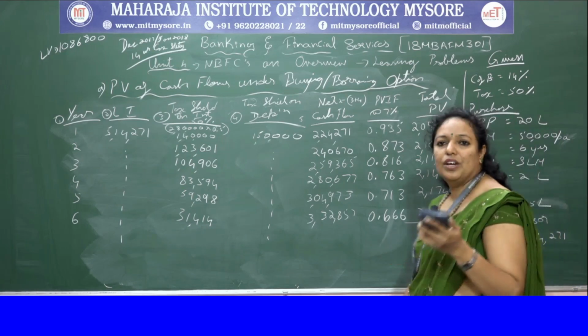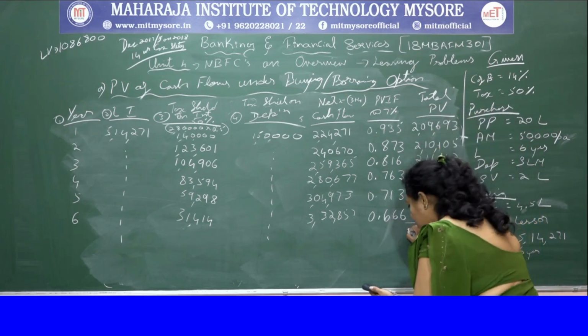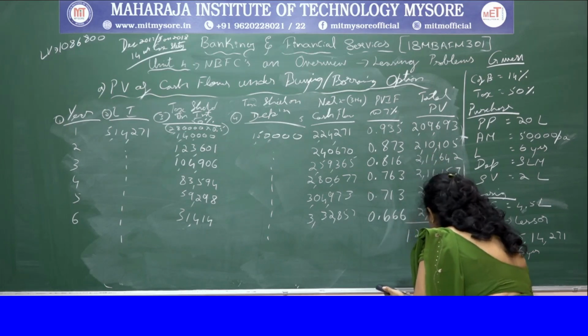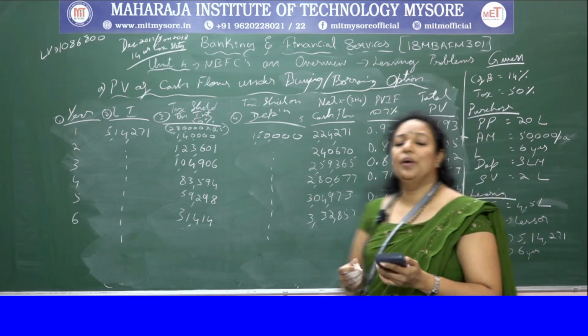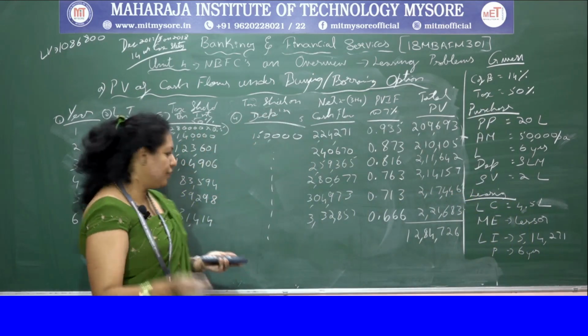So the total value is 12,84,726. So this is the total present value of cash outflows.